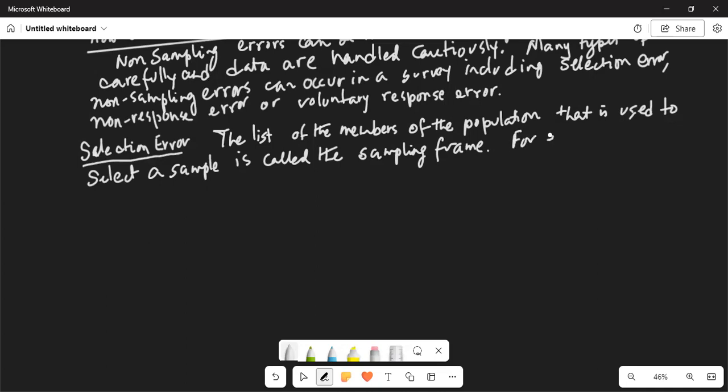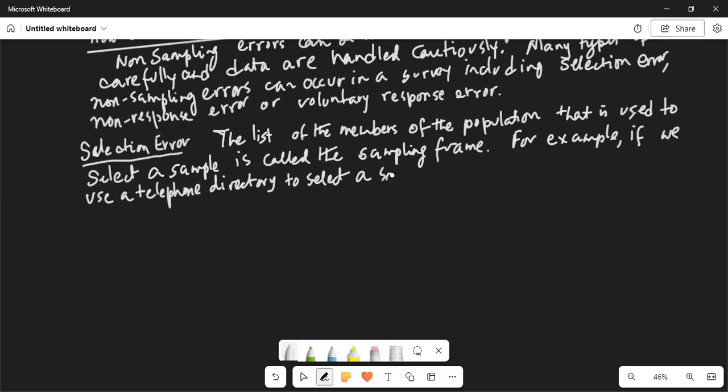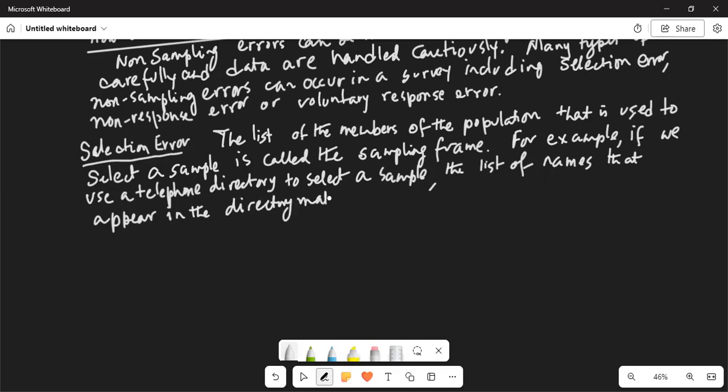For example, if we use a telephone directory to select a sample, the list of names that appear in the directory make the sampling frame.